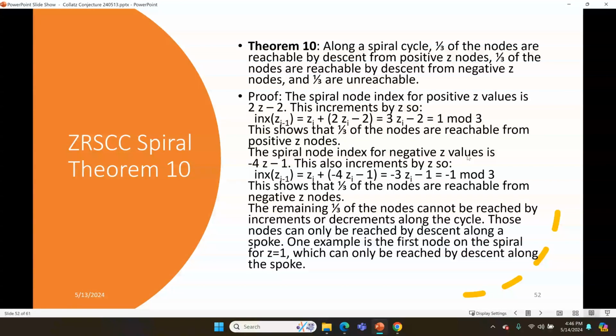Z is negative, remember here, so that turns out to be a positive index value. But this is a residue of minus 1 mod 3. So that says 1/3 of the nodes are reachable from negative z nodes. The other 1/3 of the nodes are unreachable along a cycle. They can still be reached along a spoke, but not along the cycle.